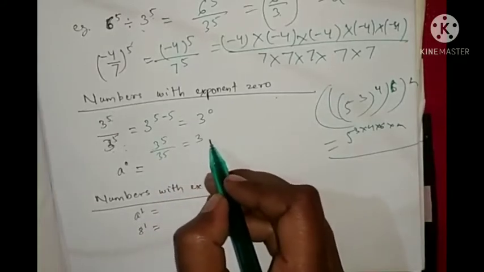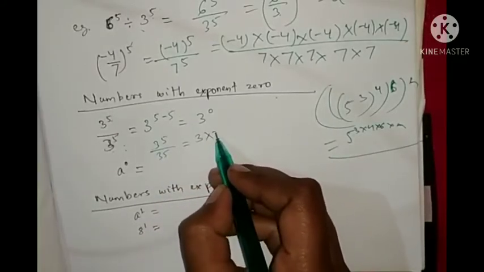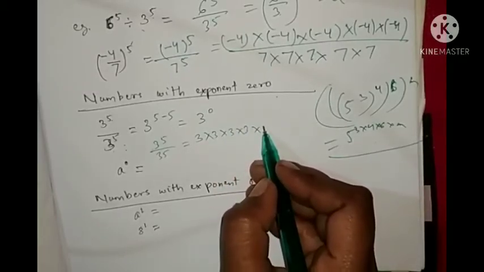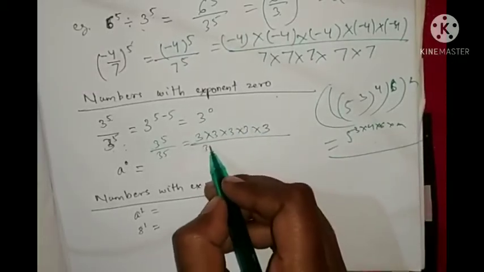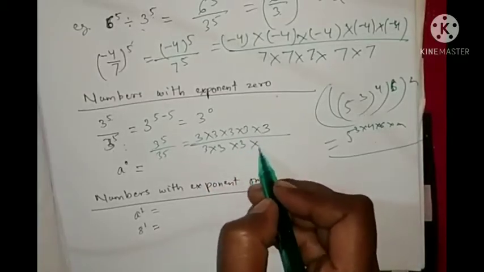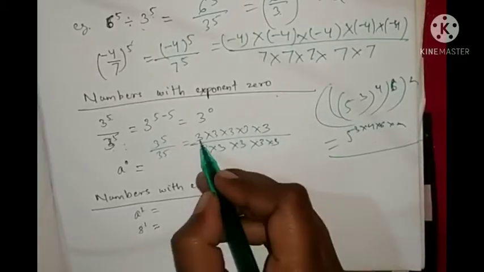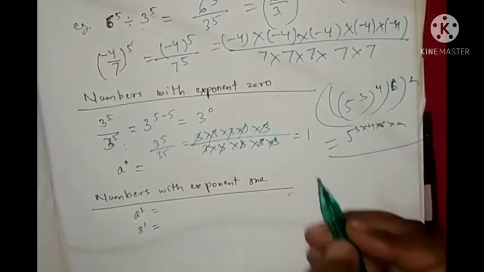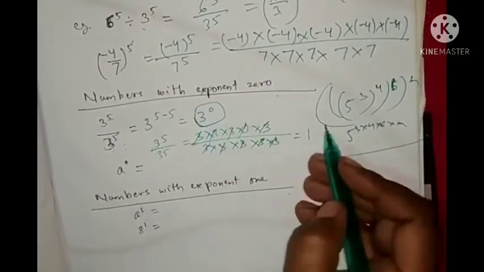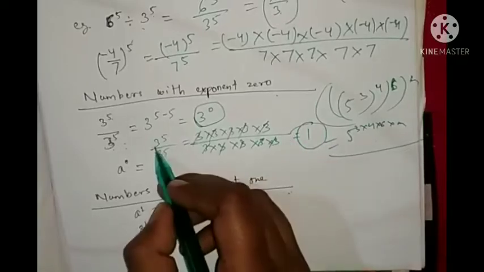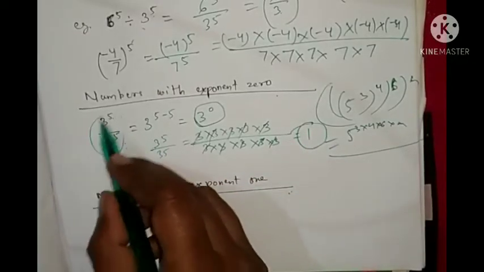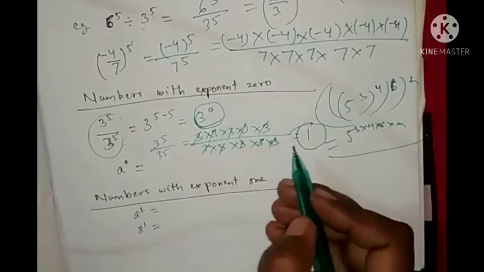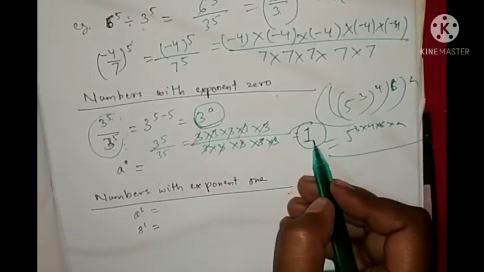Means what? 3 into 3 into 3 into 3 into 3 by 3 into 3 into 3 into 3 into 3. So all the 3s will cut. What you will get? You will get 1. Means 3 to the power 0 is 1. Okay. So when there is 0 exponent, that means the result is 1.